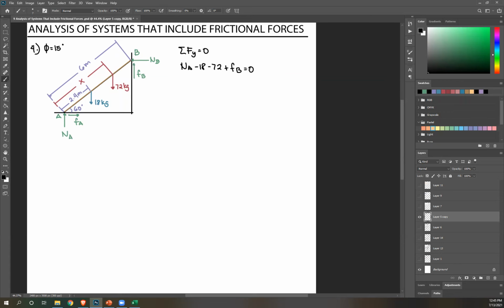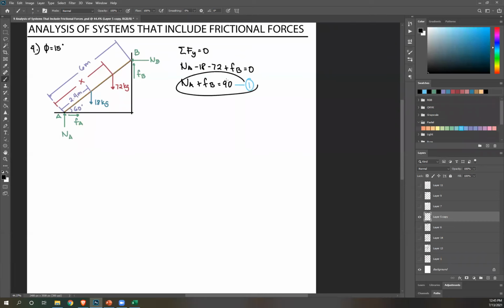Next, let's simplify. Create an equation. NA plus FB, 18 and 72 equates to 90. Then transpose to the right, equals 90. And then we have our first equation.